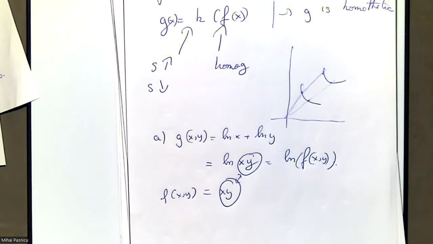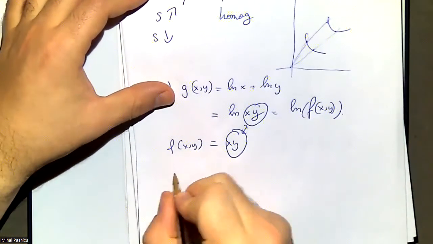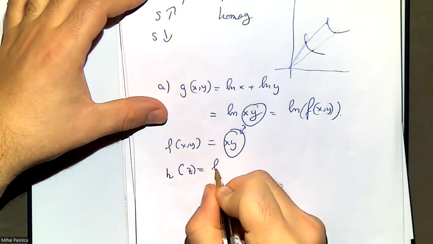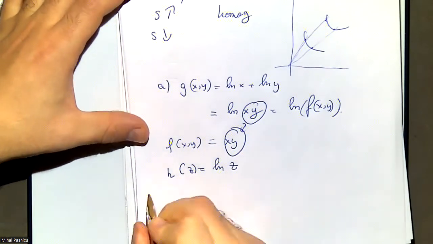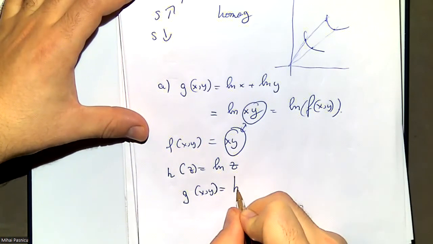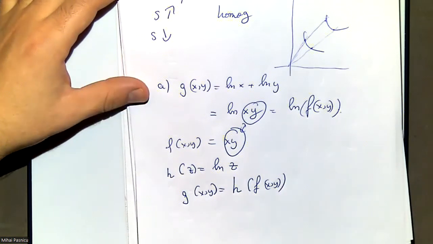So if I define my function, so this is my f, if I define my h of z as just equal to ln of z, I can just write this g of xy as h of f of xy.